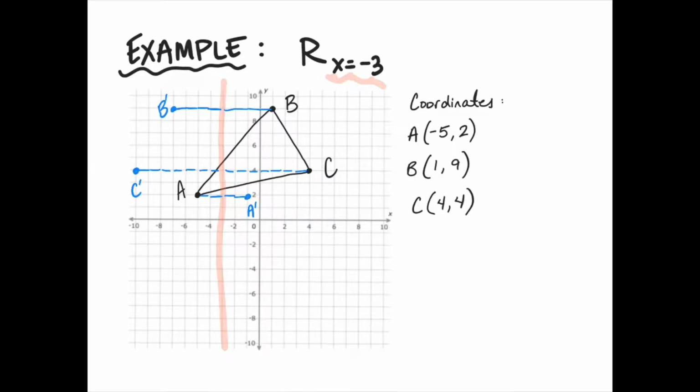And there you go. And there's A prime, B prime, C prime. We could write the coordinates, but I think you could handle that on your own, and there's not really a rule that we need for this guy.